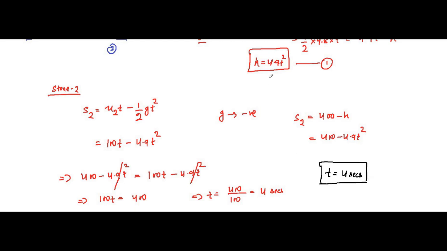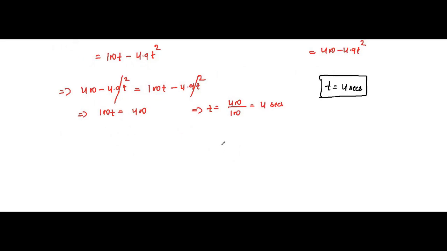Now we want to determine h. We simply substitute the value of t. h is equal to 4.9 t square, equal to 4.9 into 4 square, 4.9 into 16, which comes to 78.4 meters.